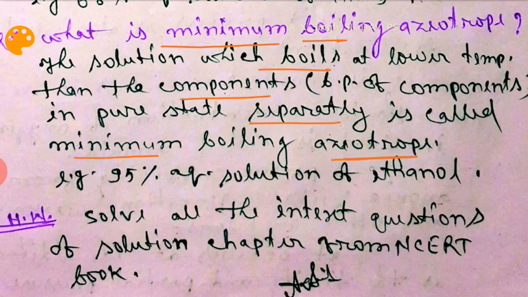It is the solution which boils at a lower temperature than the boiling point of solute and solvent. For example, a 95% aqueous solution of ethanol. Ethanol means ethyl alcohol, that is C2H5OH.